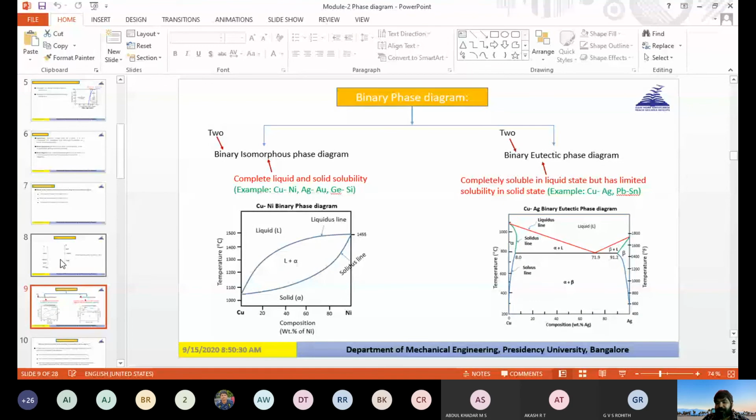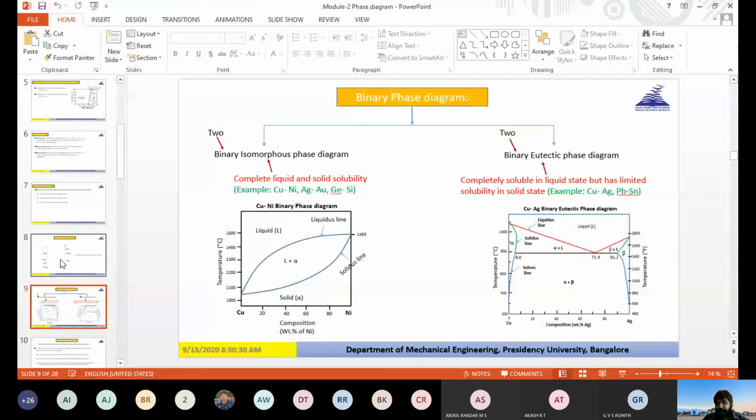Then we have seen the types of phase diagram, in which we have seen that there are three different types depending upon the number of components present in the system. If only one component is present, then we call it a unary phase diagram. If two components are present, then we call it a binary phase diagram.